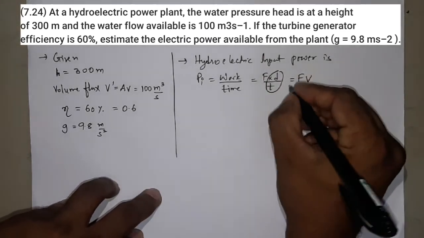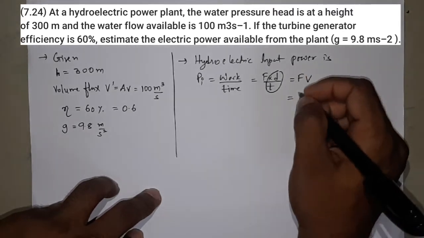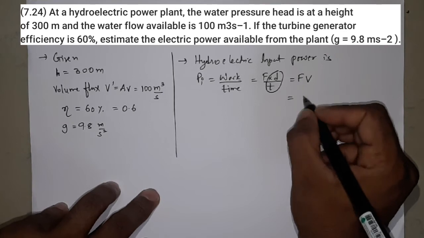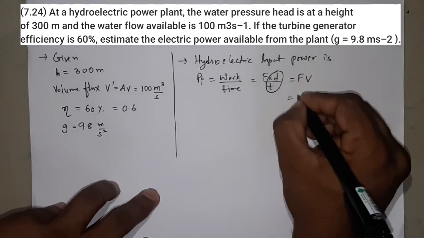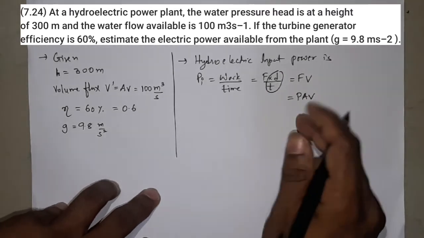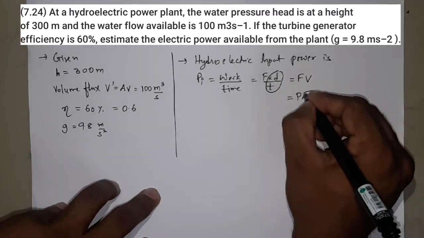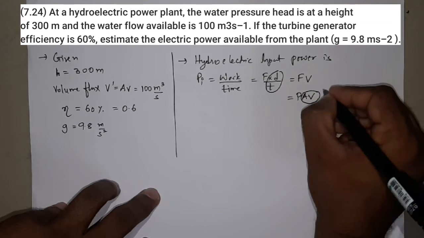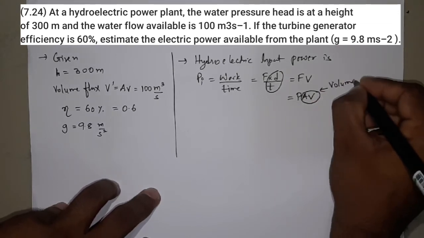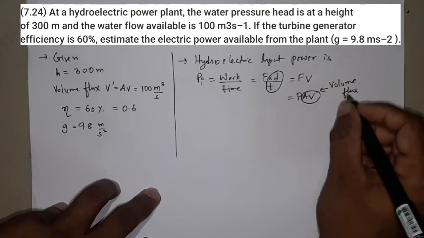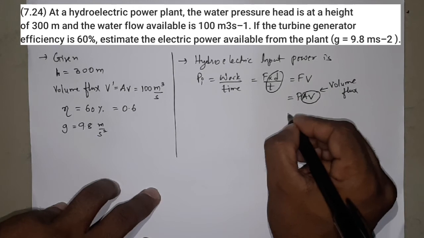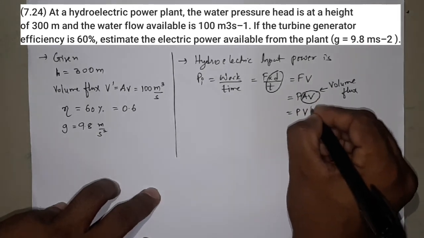Now, by the equation of pressure, pressure is equal to force upon area. So power is equal to pressure into area into velocity. Now area into velocity is volume flux, the rate at which water is flowing. So this is P into V dash.